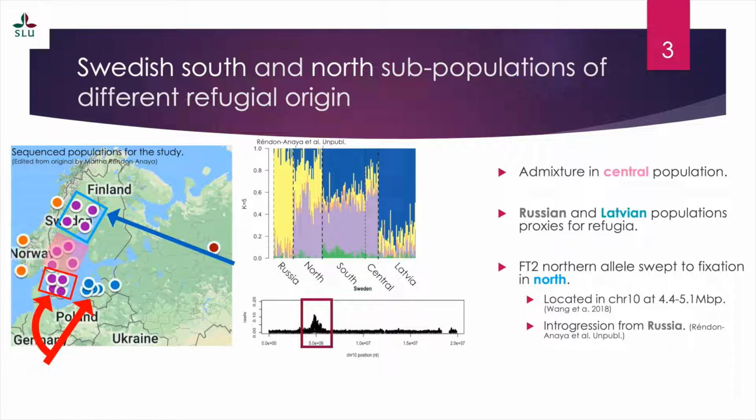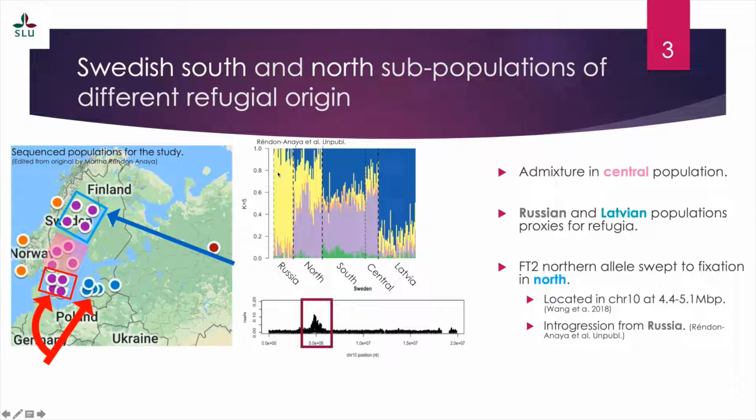The north Swedish populations originated in an eastern refugia, while the southern populations originated from a central European refugia. And now these refugial origins are admixing in the central populations in Sweden.